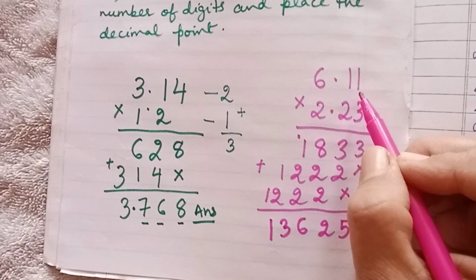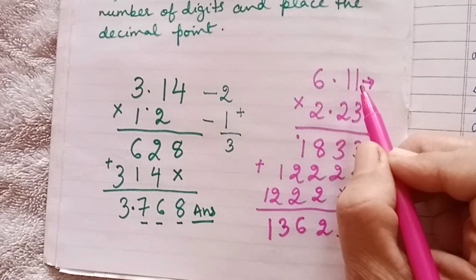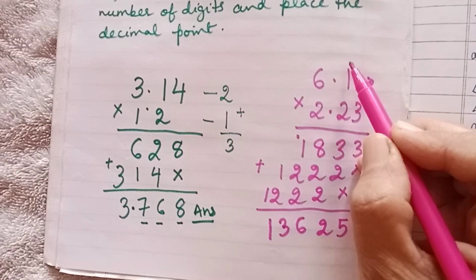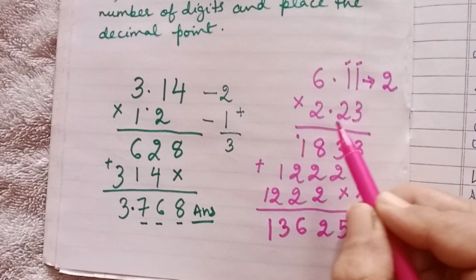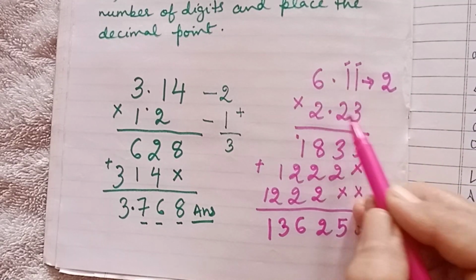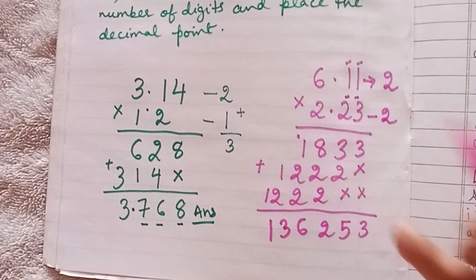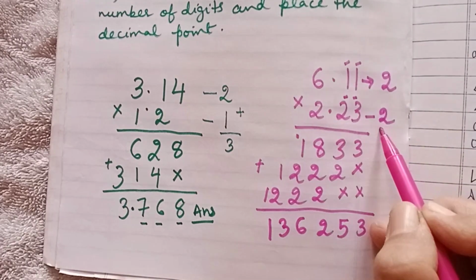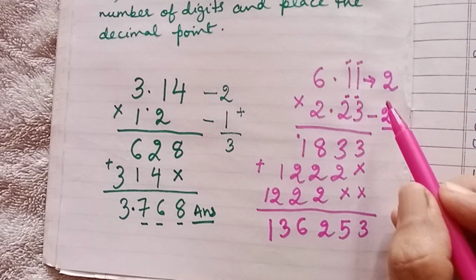Now in the first number we will count the digits to the right of the decimal. Here there are two digits, 1 and 1. And in the second number we have two digits to the right of the decimal, that is 2 and 3. Now we will count the total number of digits after the decimal point.